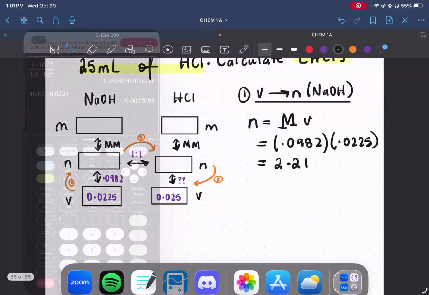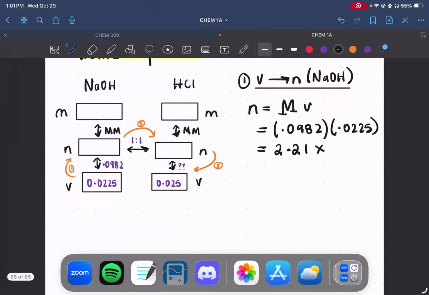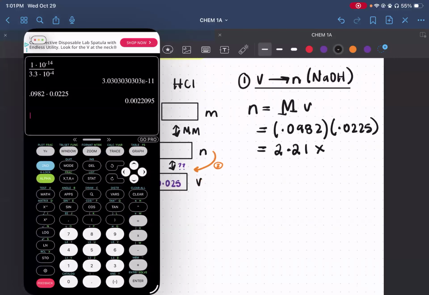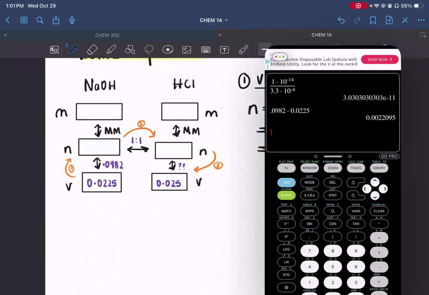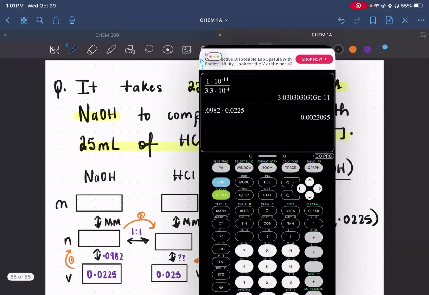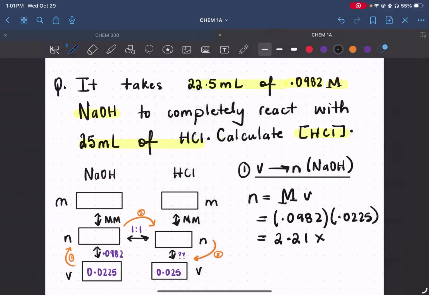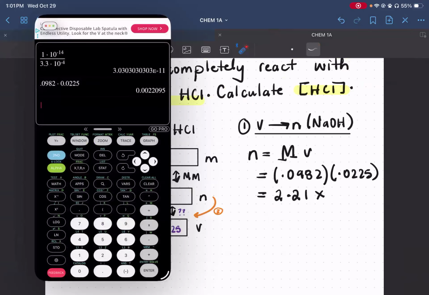2.21. Where do you see the sodium hydroxide first? Right, in step 1, we're doing this side first, and the volume we've been told is already 22.5, not 25, so not there just yet. 2.21 times 10 to the negative 3, it looks like.